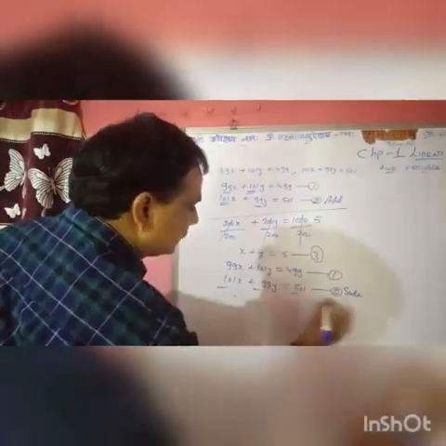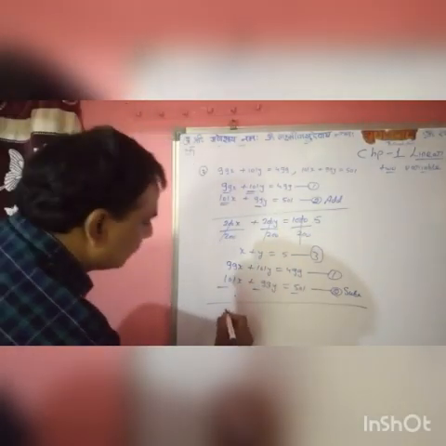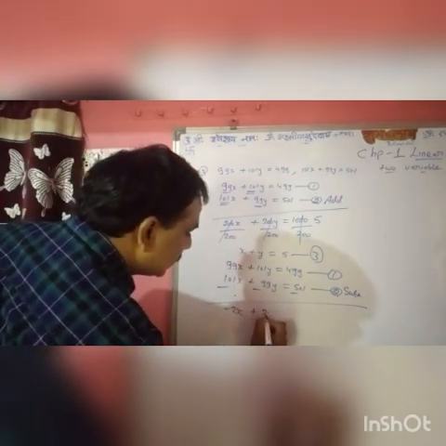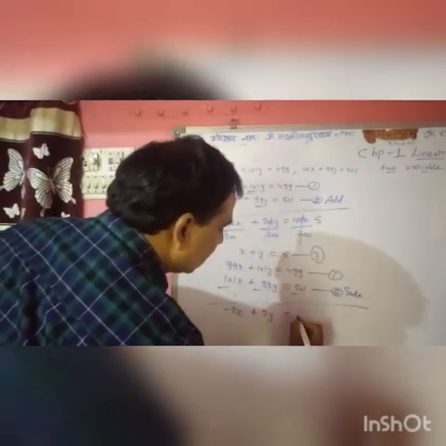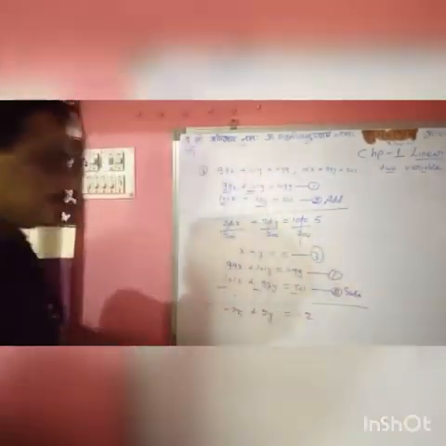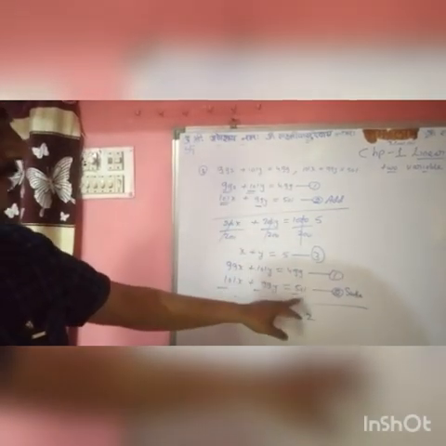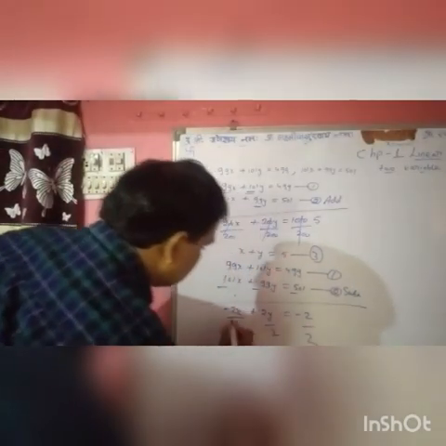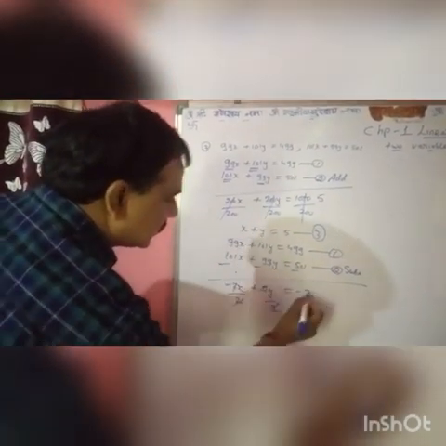Change the sign. You will get minus 2x, here plus 2y, here minus 2. 499, 501. Means the coefficient of x is what here? 2. Subtract, divide it. 2 cancel, 2 cancel.